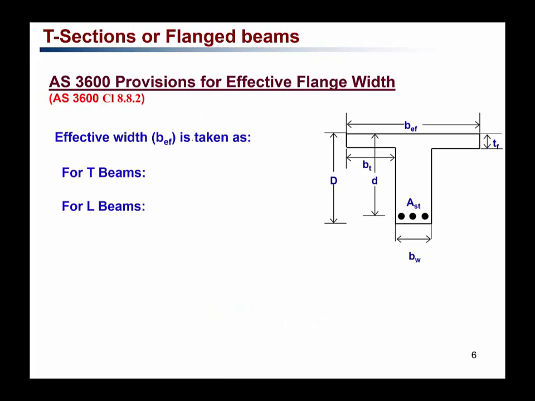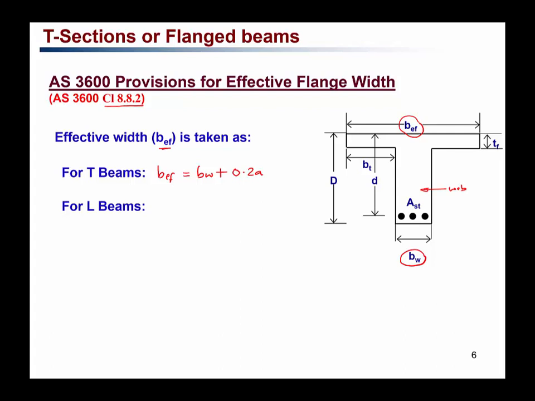Now, the Australian design code, if you look into clause 8.8.2, gives us the equation to find out the effective width, denoted as B effective. This is the width of the slab that has to be taken as a part of the beam. For T-beams, Australian design code AS3600 gives B effective as the width of the web, this one, BW, plus 0.2A.